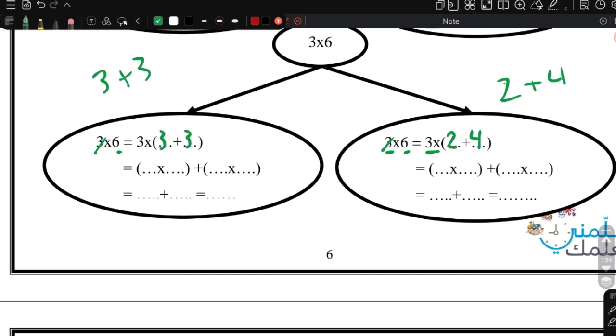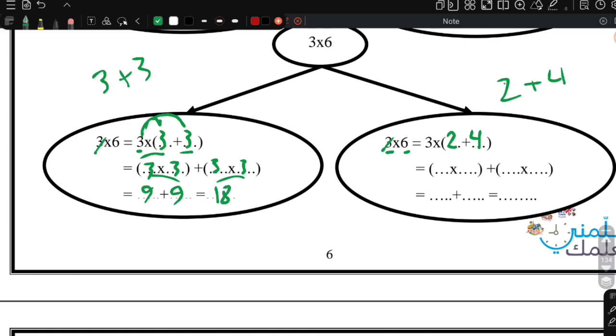Okay, so let's distribute now. Let's distribute my problem. Okay, so I will distribute 3 over the first one and over the second. So I have here 3 times 3 and 3 times what? The second 3. So I have 3 times 3, 9. 3 times 3, 9. The sum of the two numbers will be 18.